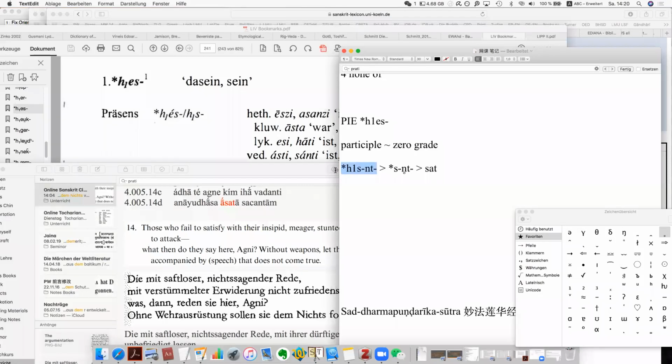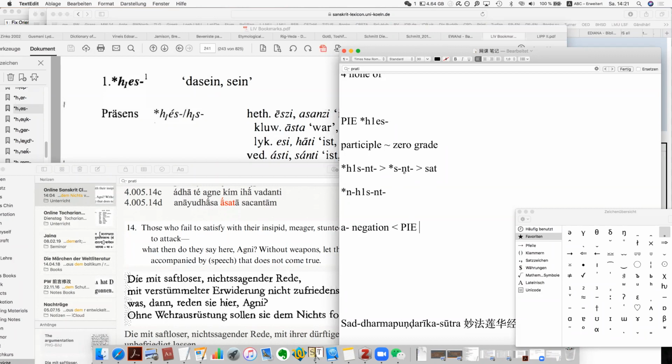But if you have a negation, you put an n at the beginning, right? So n is actually the negation. The negation in Sanskrit is called r. This is negation. And this negation actually comes from Proto-Indo-European n, yeah, but n with a circle.